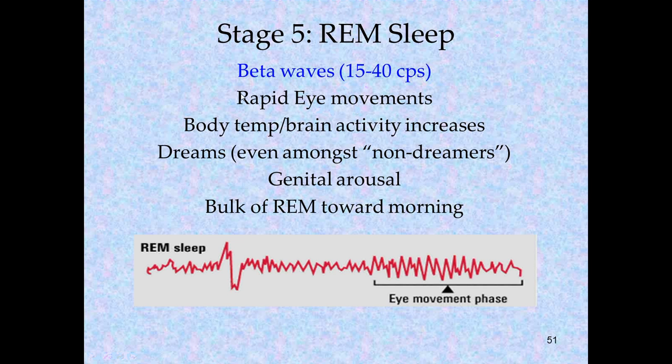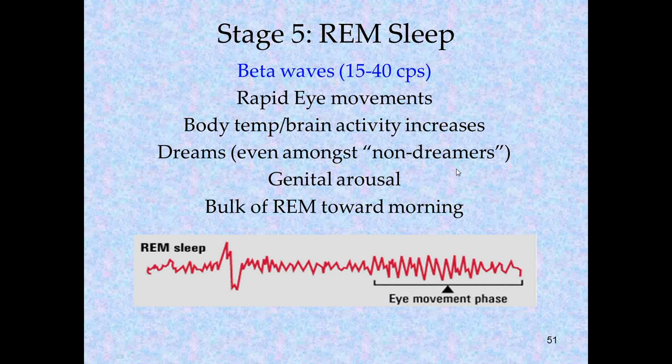Brainwave patterns showed similar to waking consciousness, beta waves, so more rapid brain activity. They also found body temperature increased during this time. And if people were awakened during REM sleep, they would report experiencing dreams. Even people who thought they didn't dream would find at this point they were dreaming.